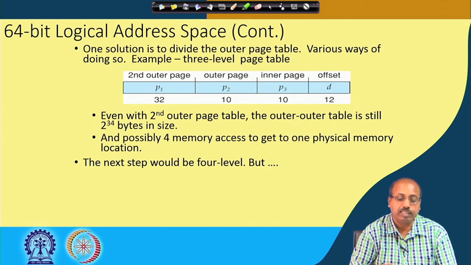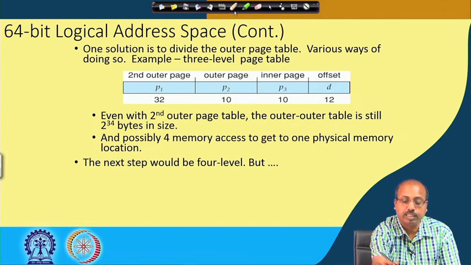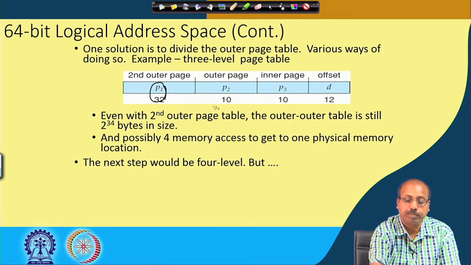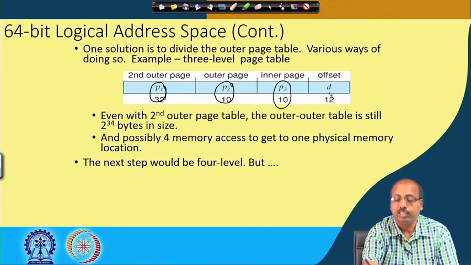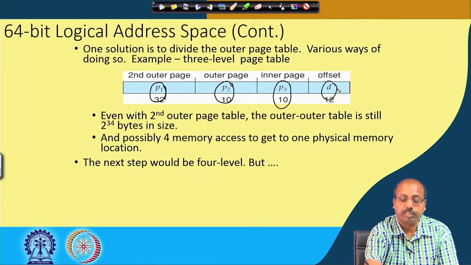What is happening is that for a particular address, it has to first look into the outer page, then the second outer page, then from there come to this, and from there to this, and then finally to the actual memory location.